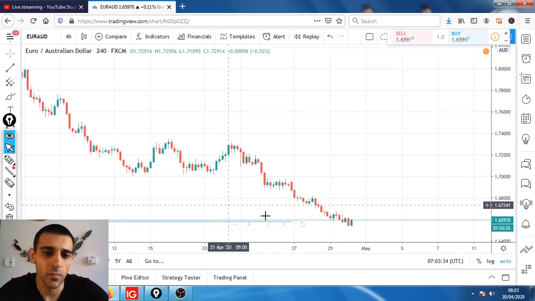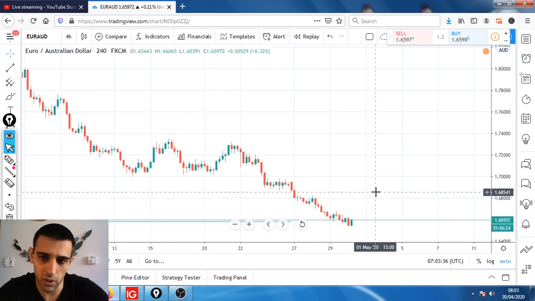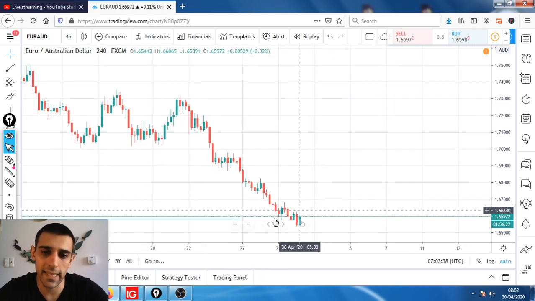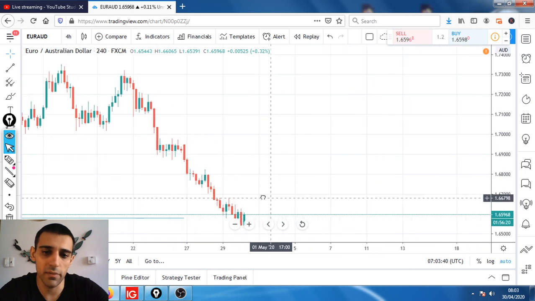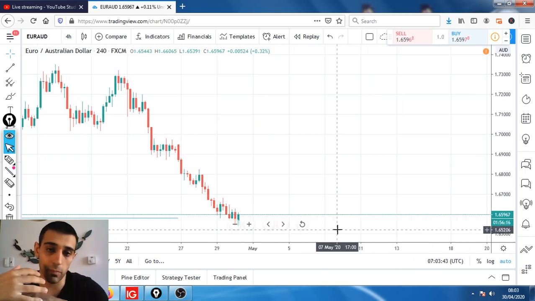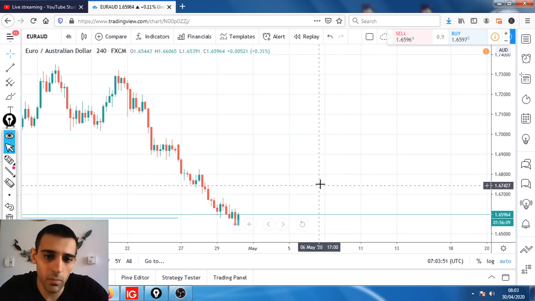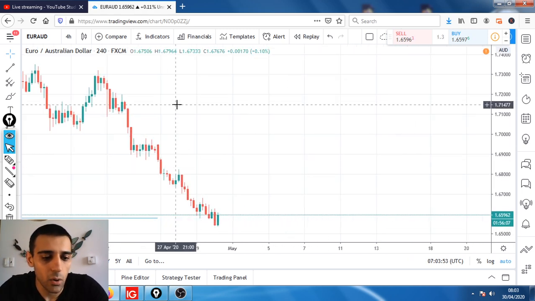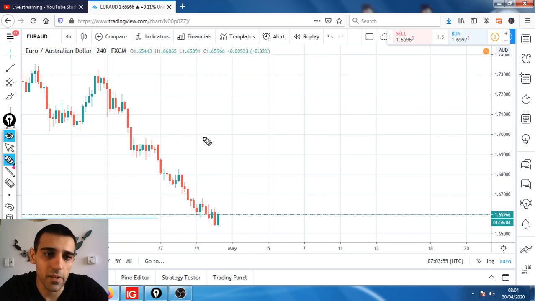We have this strong support down there and the price came down and tested that support. That's why it's having this aggressive reaction. So I'm thinking either the price is going to break that support level eventually, or it's going to completely turn around and continue running up. I'm holding to these 2 beliefs for now.